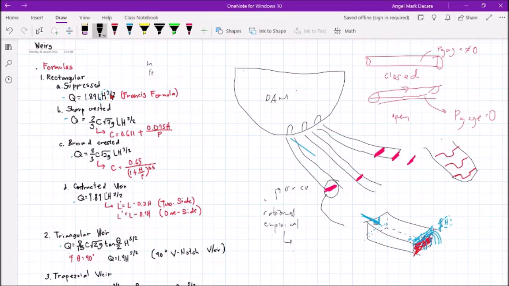Tapos, yung height, ano yung height raised to 3 halves? That's m raised to 3 halves. Kapag kung titignan mo yan, ang unit dapat na sagot mo is meter raised to 5 halves, di ba? Hindi meter squared, hindi cubic meter, kundi meter raised to 5 halves.